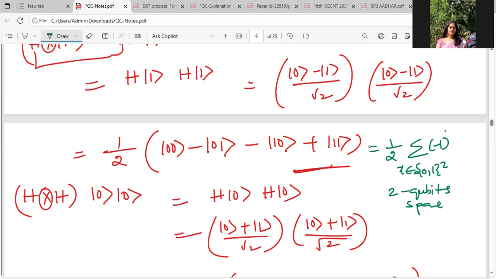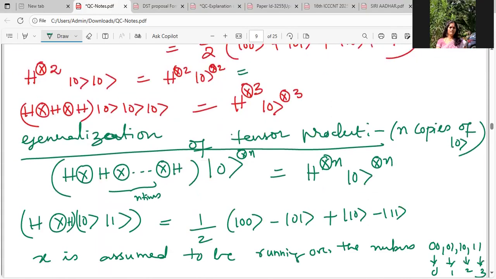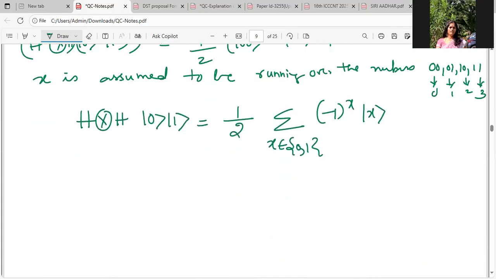I can rewrite this as x naught x1. Of course, here also there should be a square. That means I am in 2 qubit space, not in single qubit space. If it is single qubit space, then it is just power 1.